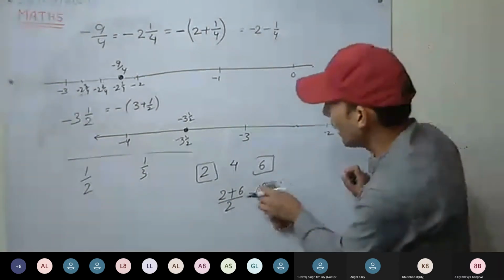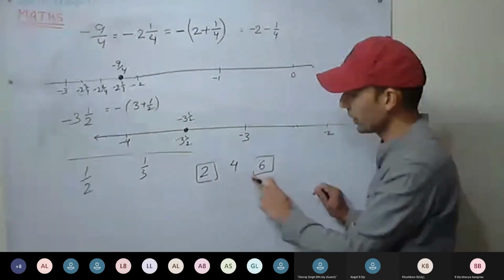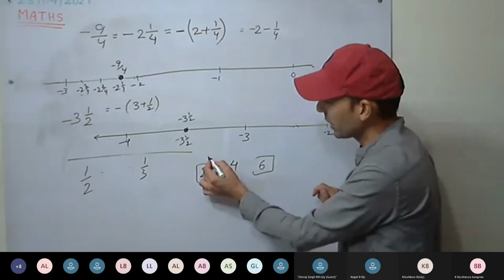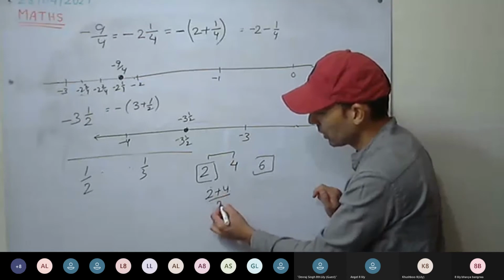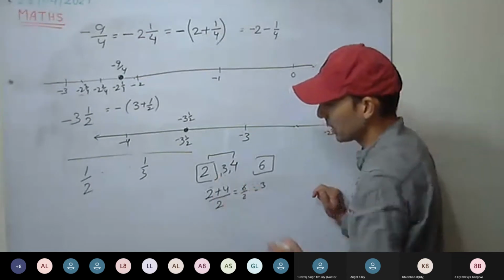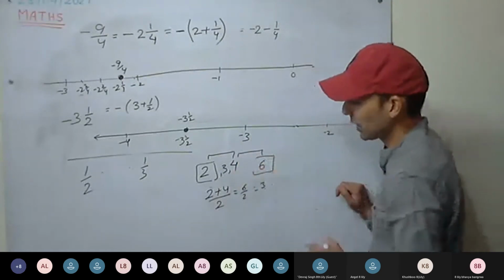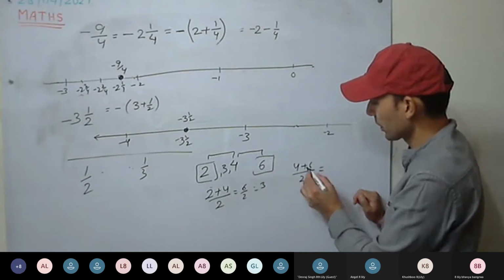Now, for example, I ask you to insert two rational numbers between 2 and 6. One we have already inserted. Again, we can insert between 2 and 4: take the mean, 2 plus 4 is 6, divided by 2, 3. We have inserted 3. If I ask to insert one more, between 4 and 6 we can insert 4 plus 6 divided by 2, 5.